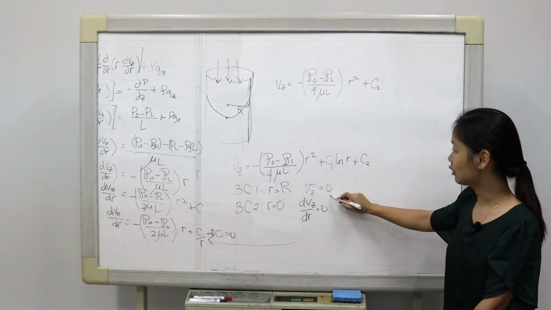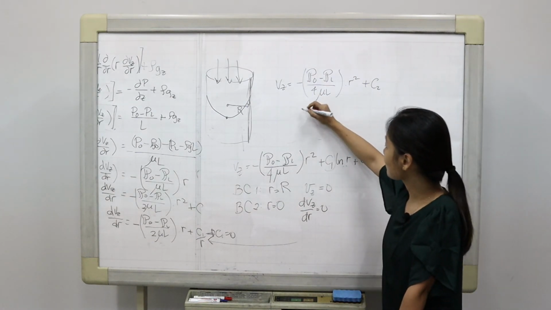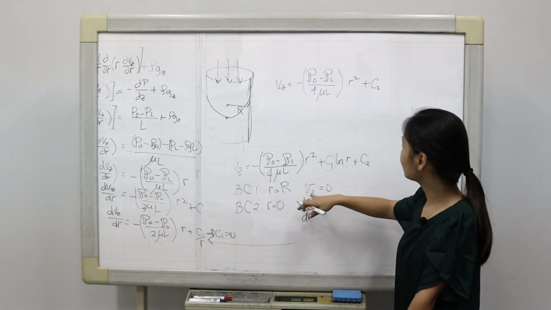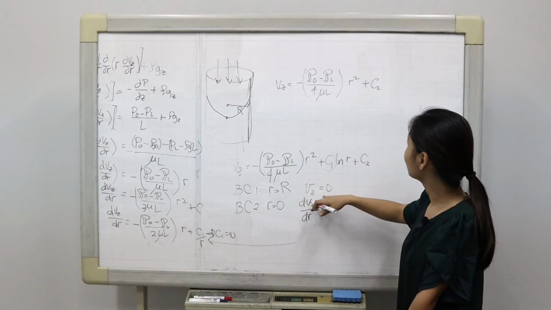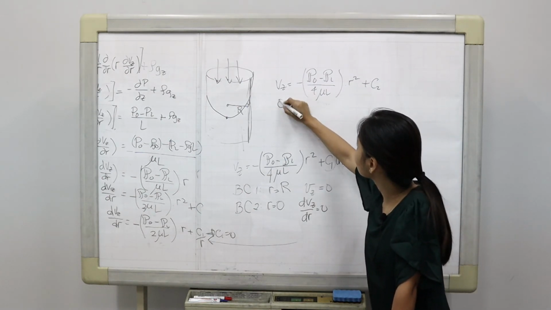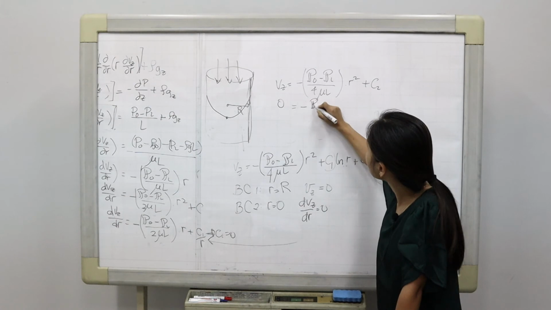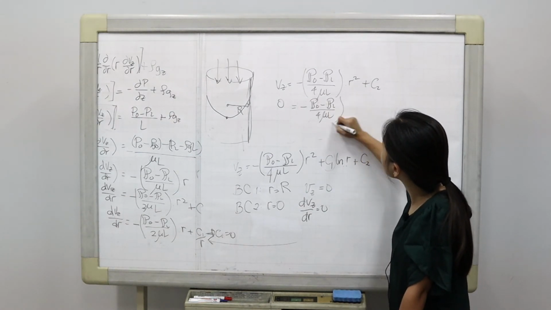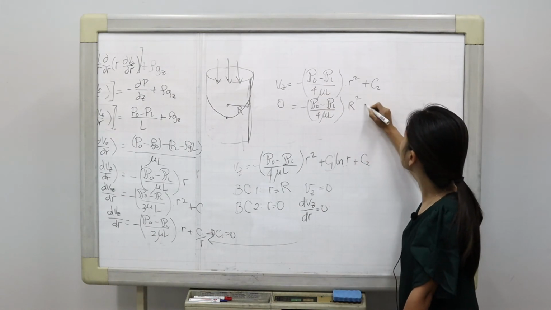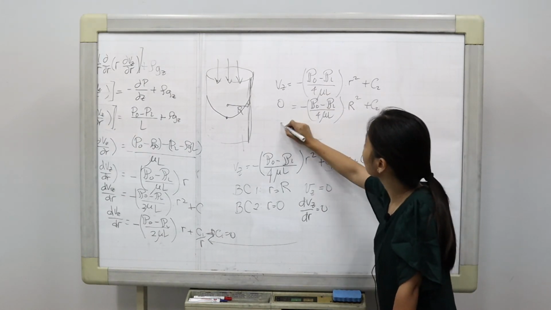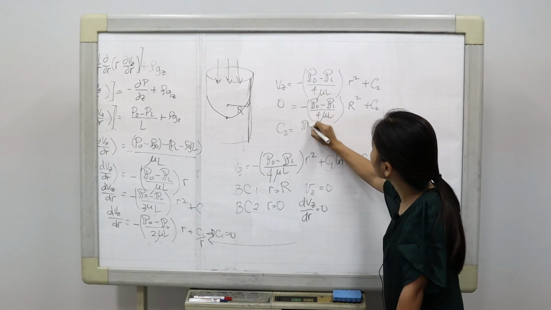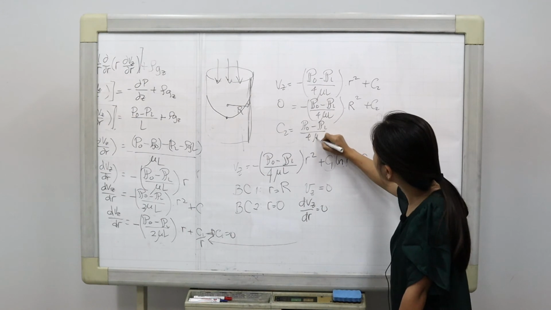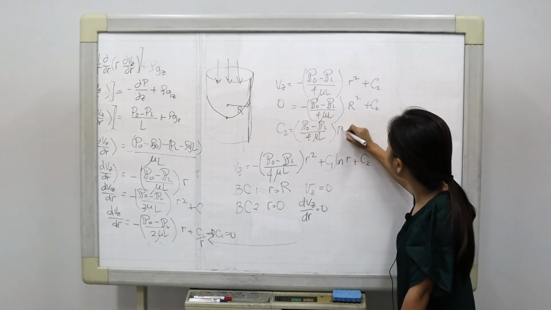Now we use the second boundary condition. At R equal to capital R, Vz is equal to 0. So it gave us C2 equal to (modified pressure 0 minus modified pressure L) divided by 4 mu L times capital R square.